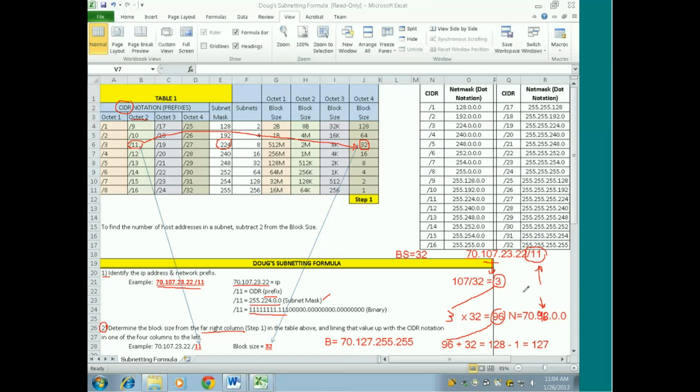What octet are we working in? Second, right? What's 96 to 127? What block size is that? 32. If you count from 96 to 127, isn't that 32?